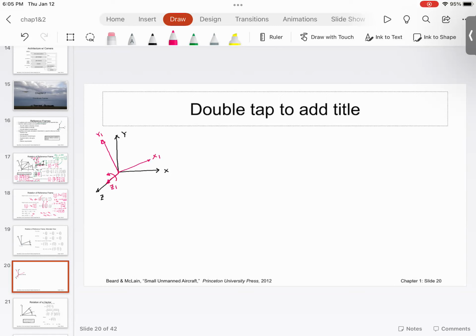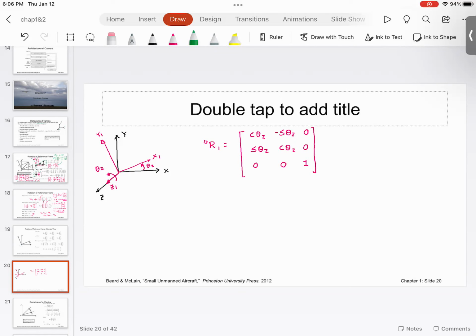The rotation, which is theta Z, is a positive rotation, and the rotation matrix R0 to R1 is given as cosine theta Z, minus sine theta Z, 0; sine theta Z, cosine theta Z, 0; 0, 0, 1.